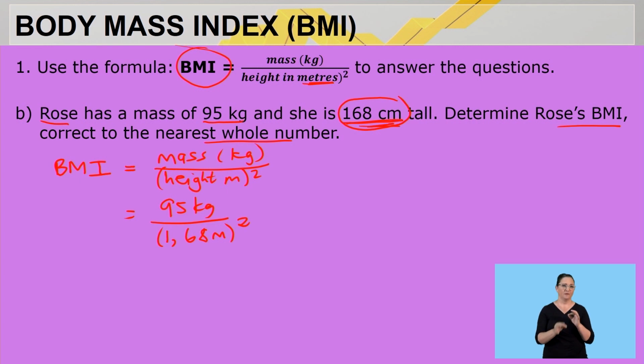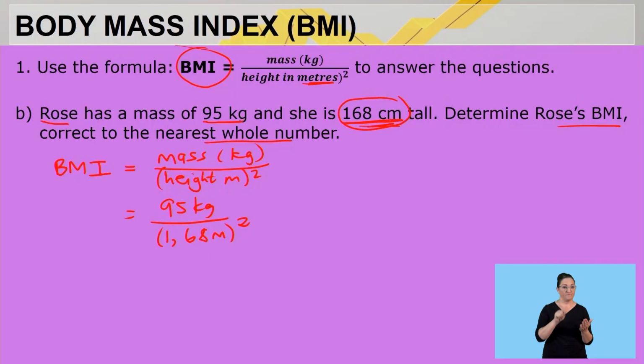Now I'm going to simplify by saying 95 divided by 1.68 squared equals. This now gives me a body mass index of 33.65, and it gives me some other digits as well. I'll stop there because I need to round off correct to the nearest whole number. So therefore, the BMI in this case will be 34 kilograms per square meter.